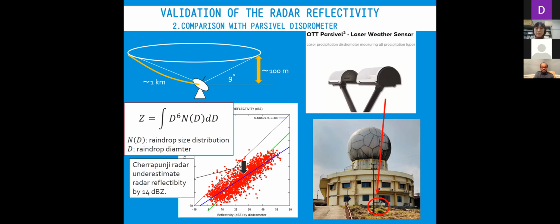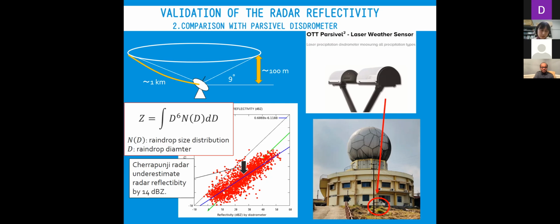The radar reflectivity from the disdrometer showed good correlation with that of the Cherrapunji radar, and that result was consistent with the spaceborne radar. So that means that the Cherrapunji radar underestimates by around 14 dBZ.